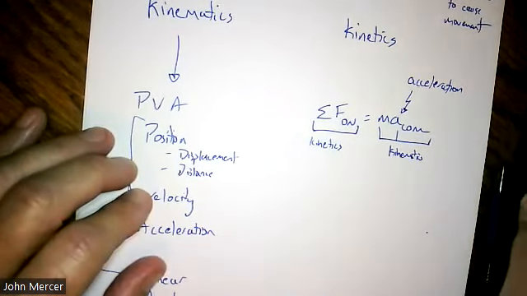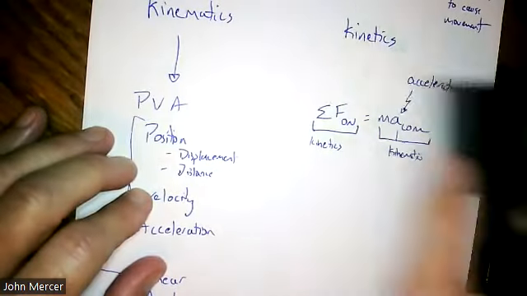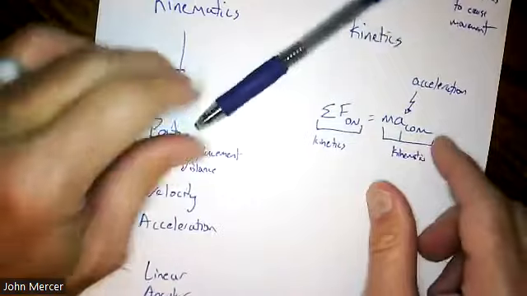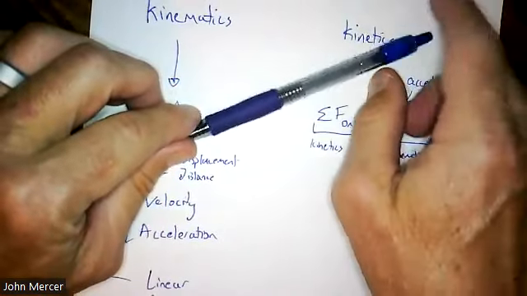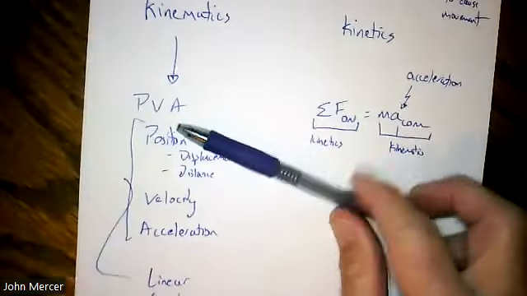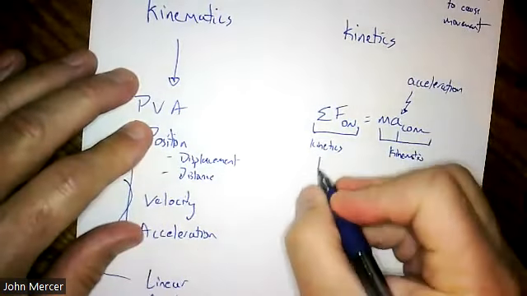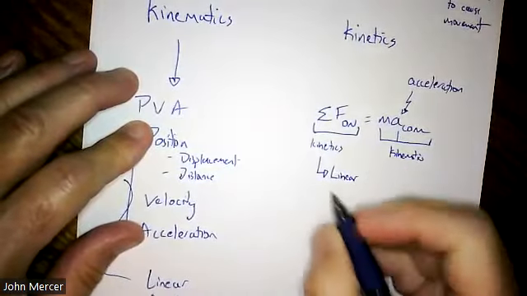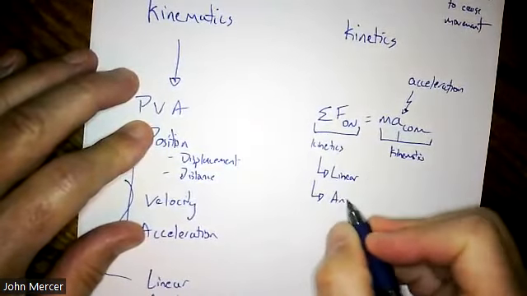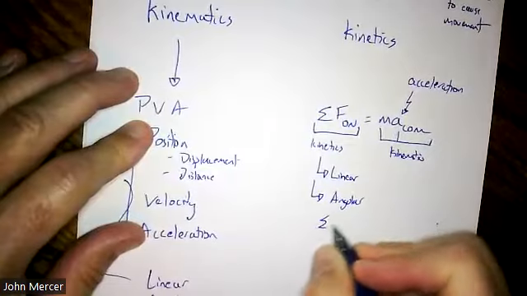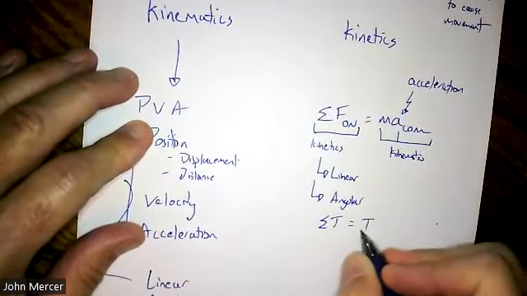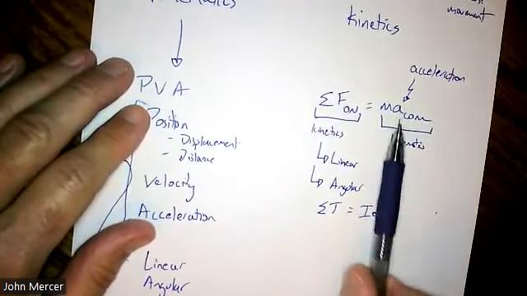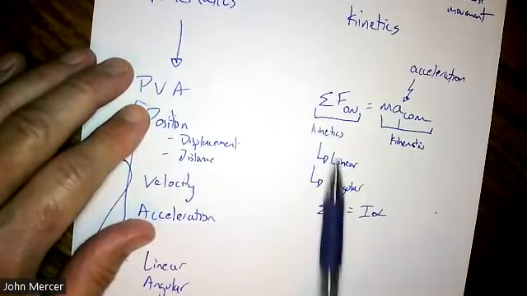We'll deal with forces in the linear sense, like what I'm talking about now, as well as forces in the angular sense, where we have some rotation. And we'll learn that that's called a torque. So kinetics, this is the linear form of this equation. The angular form is we add up all the torques acting on the object, and we get the product of moment of inertia times angular acceleration. I hope you see the parallel with these equations.